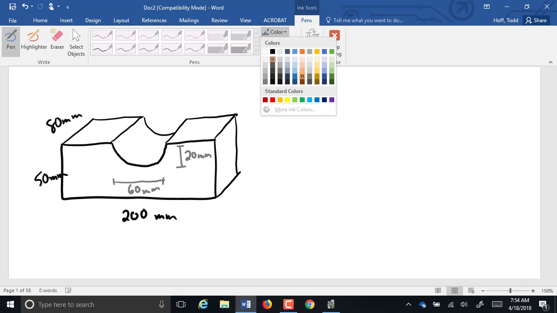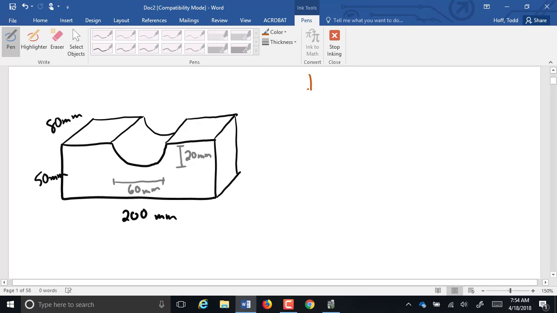I want you to find if the density of the block of the material is 48 grams per cubic centimeter.